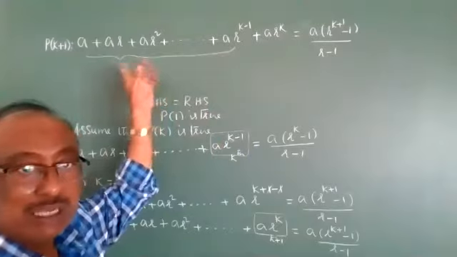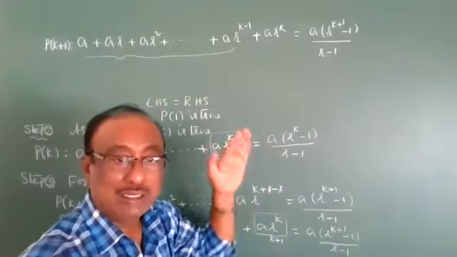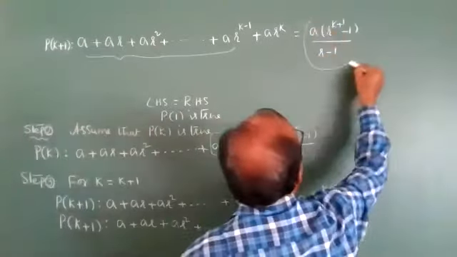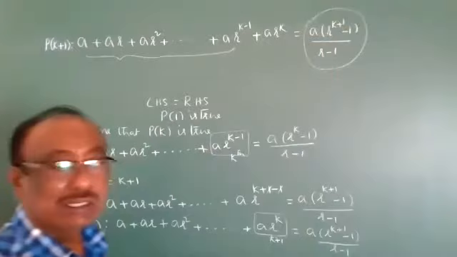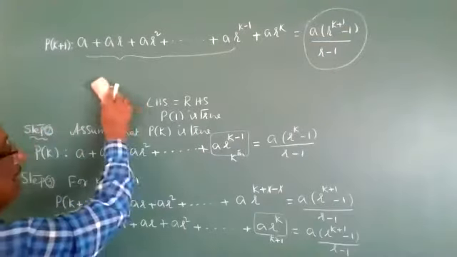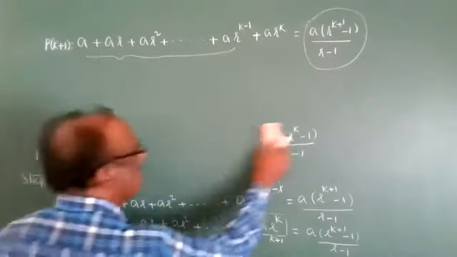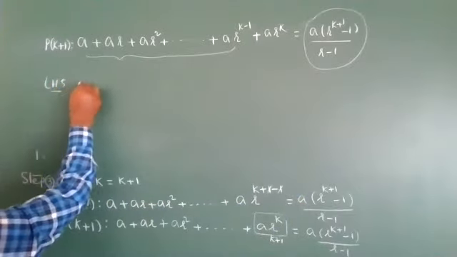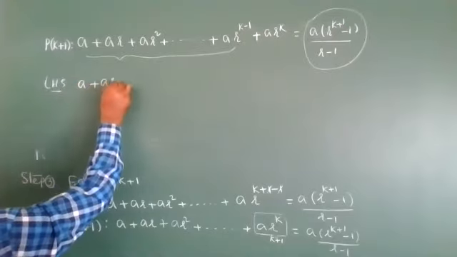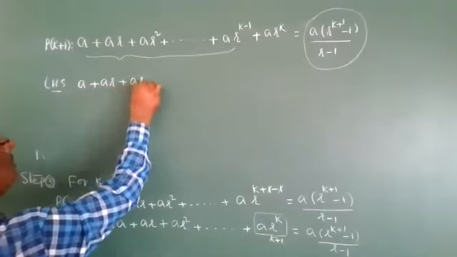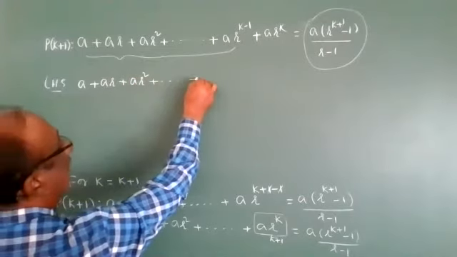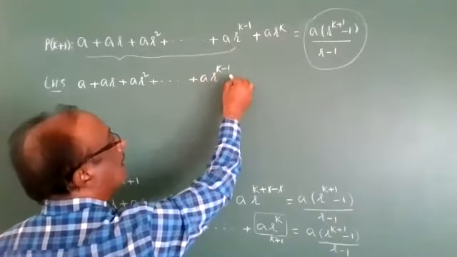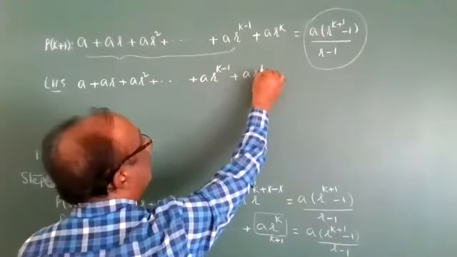So here I am going to take the left hand side and then I will prove the right hand side answer. Keep in mind this answer is required. Now I am taking the left hand side. Everyone see the left hand side. So left hand side is a, r, square, dotted up to ar power of k minus 1, plus ar power of k.